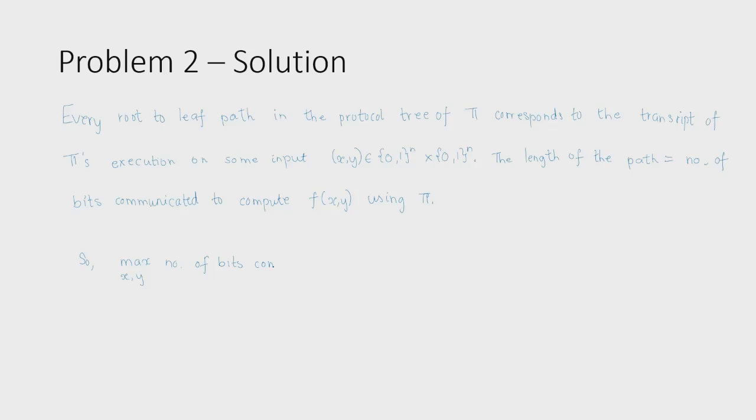Because of this, this is just equal to the max over all paths p of the length of p, where p is a root-to-leaf path.